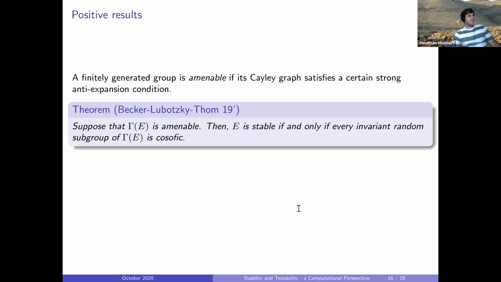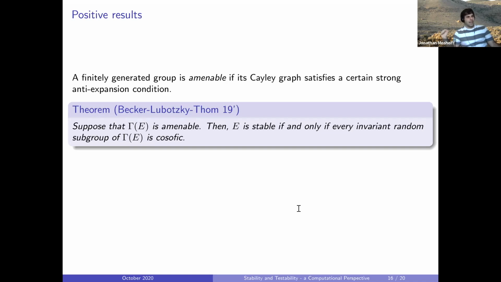This says that if the group associated with E is amenable, then stability of a set of equations E is equivalent to the condition that every invariant random subgroup is co-sofic. You don't need to know what an invariant random subgroup and co-soficity are right now.